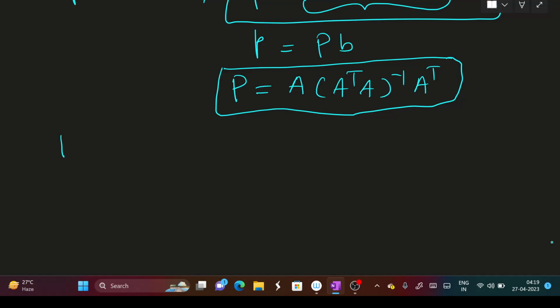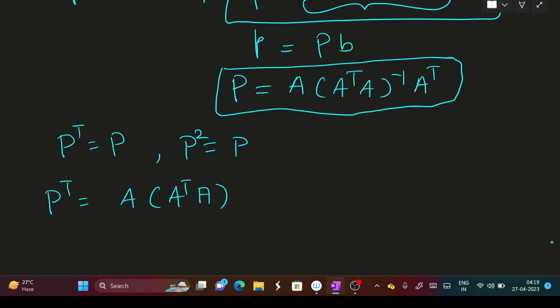Now this P also satisfies those two conditions, that is it is symmetric, P transpose is equal to P, and also P square is equal to P. Let us verify. P transpose is equal to A times A transpose A whole inverse A transpose, whole transpose.